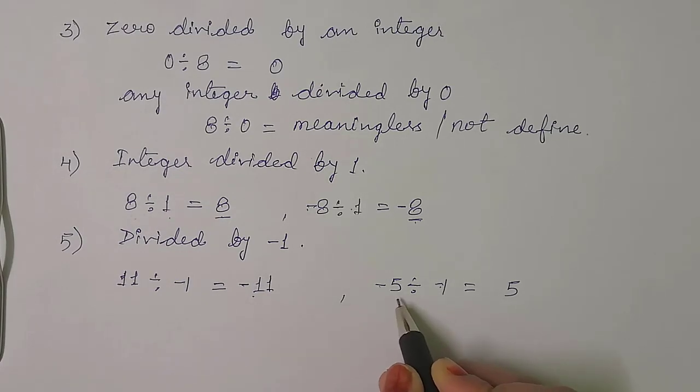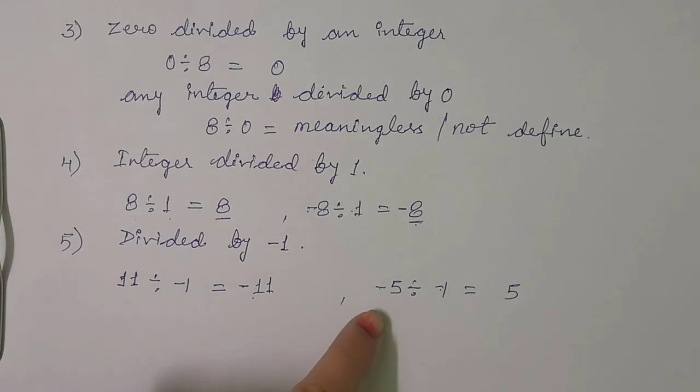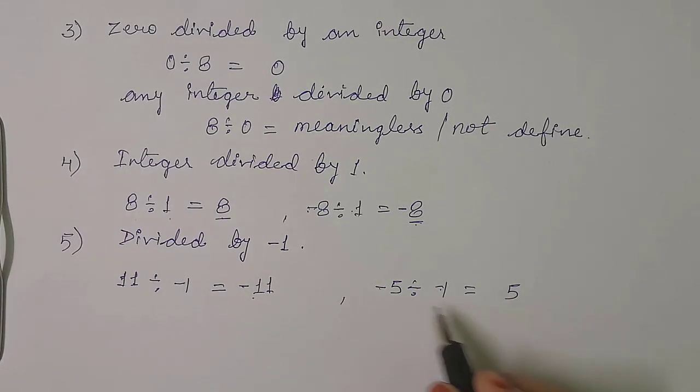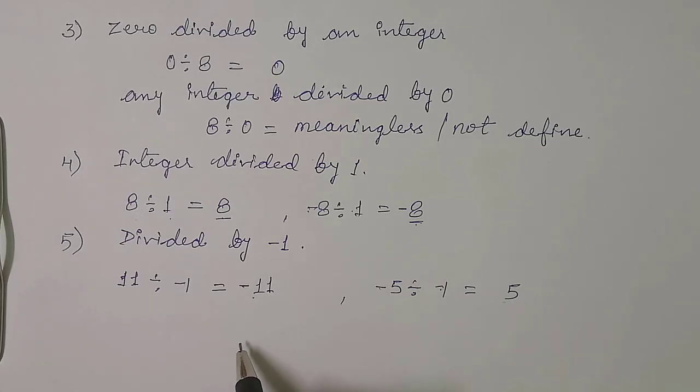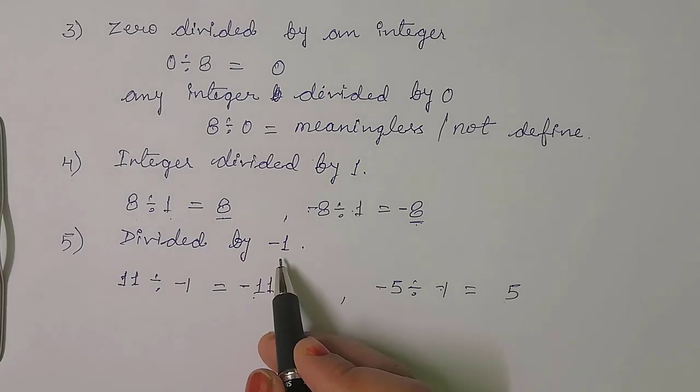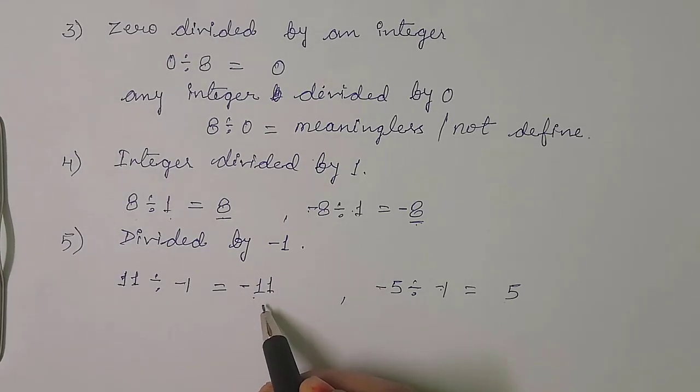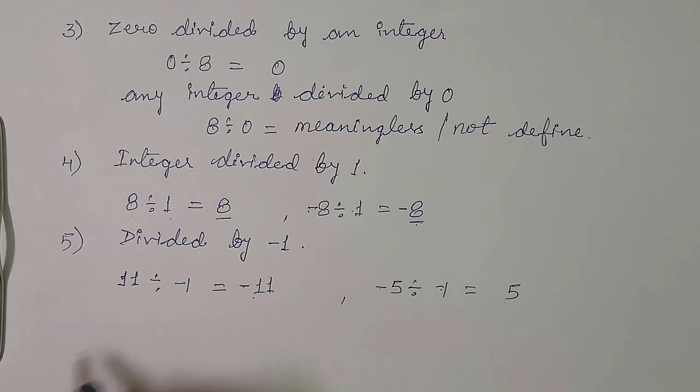And in the negative case, if we take negative 5, then we get in the quotient the same positive integer. It means when we divide by negative 1, their sign will be changed.